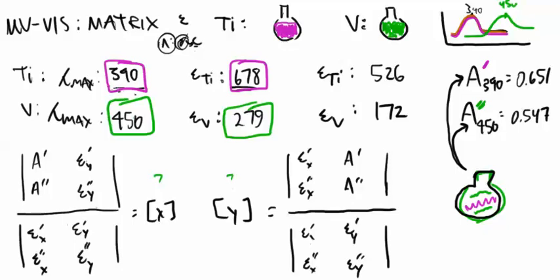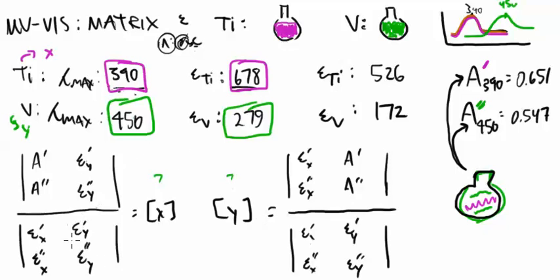So let's pretend, since titanium's written first here, that this is the X, and then for the vanadium, let's just say that this is my Y. If you didn't set your problem up that way, it doesn't matter. As long as you're staying consistent with what's going on, it's okay. Trust me.